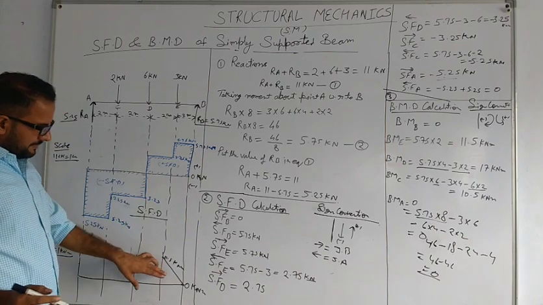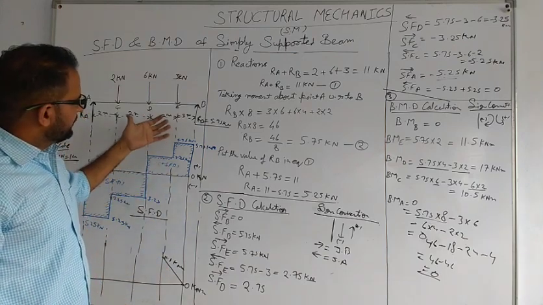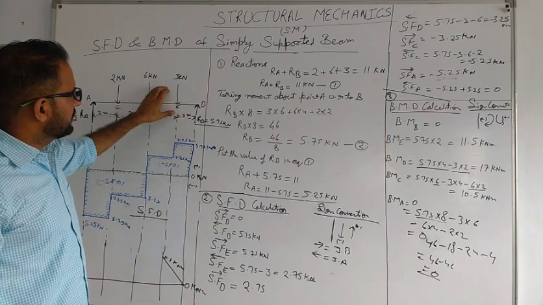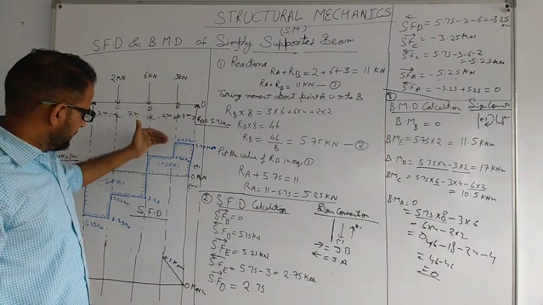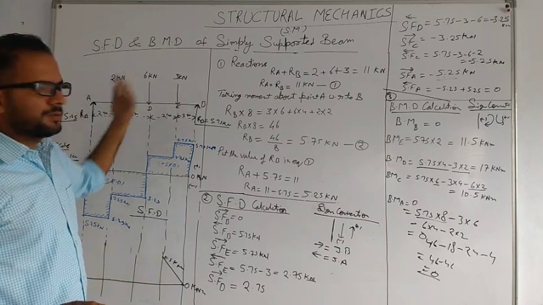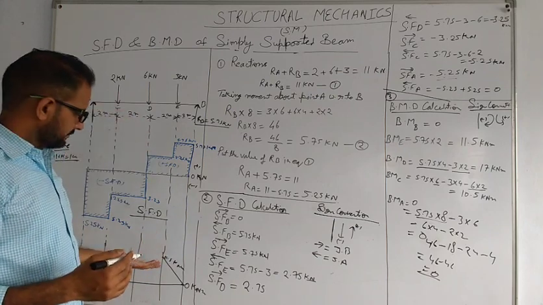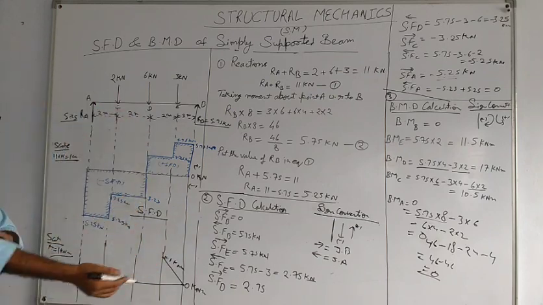This will be joined by a tapered line, because with point loads the shear force will be a straight line and the bending moment will be tapered. In the UDL load, it will be a parabolic line. We will discuss it further.